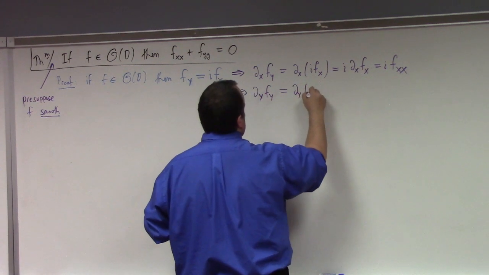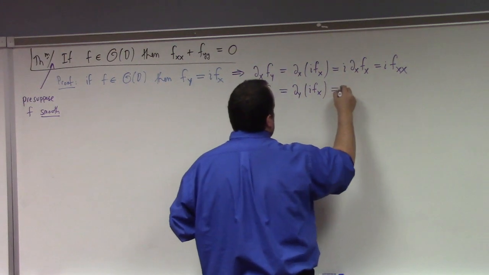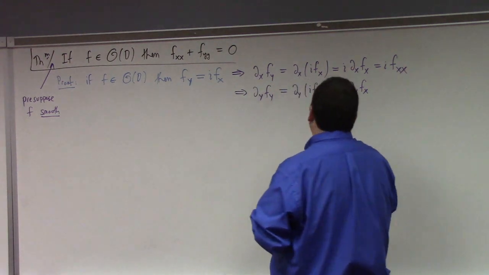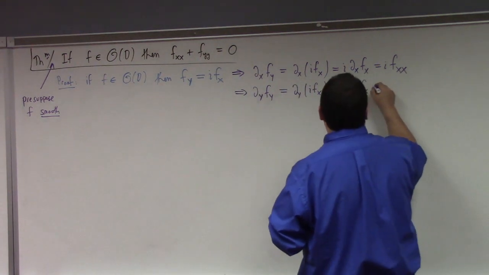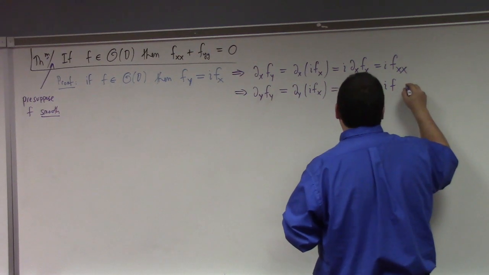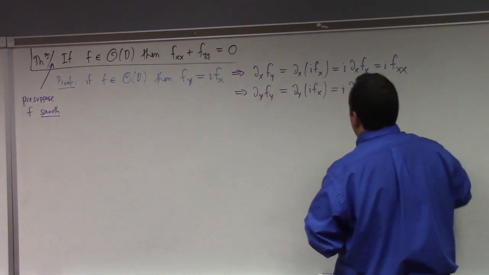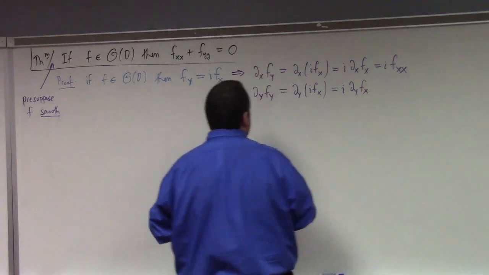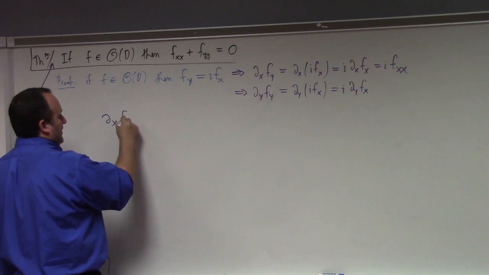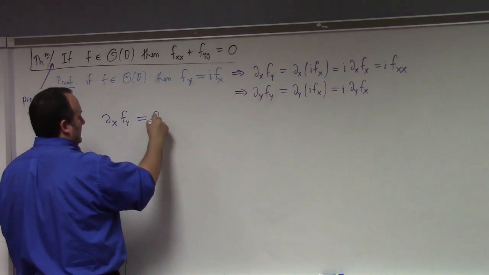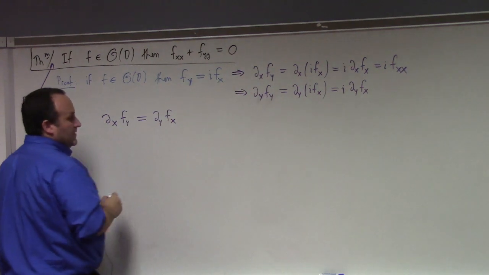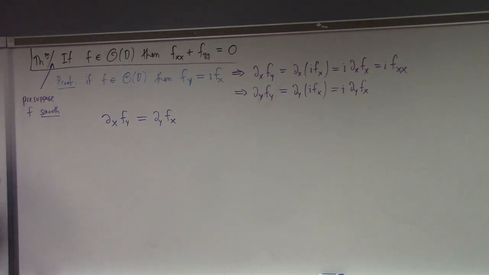Partial y of i f_x, which would be i partial y f_x, right? Fine. So look at this then. We have partial x of f_y is equal to partial y of f_x, right? Because the partial derivatives commute.